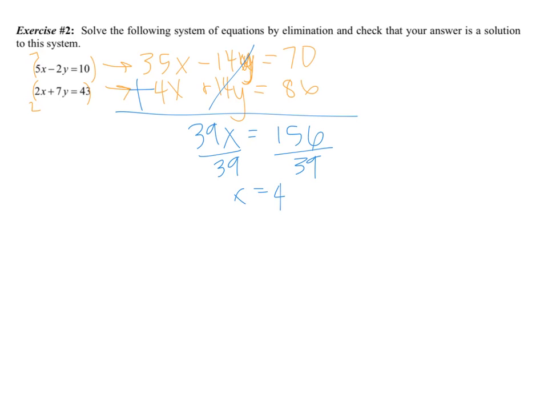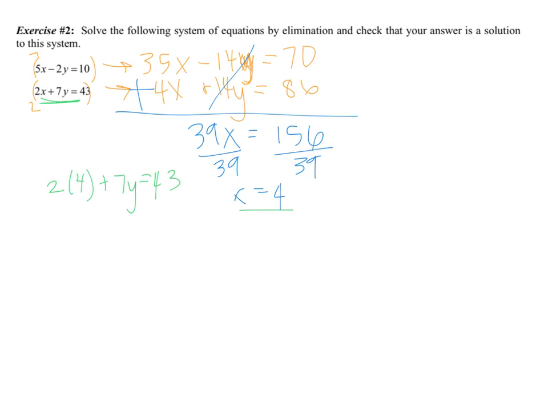So we could do exactly what we did on the previous question and do elimination to get rid of the x's, or we can just substitute it back in using what we know about substitution. So I'm going to use the bottom equation, the original equation. So instead of 2x, it's 2 times 4, because we just found that x equaled 4, plus 7y equals 43.